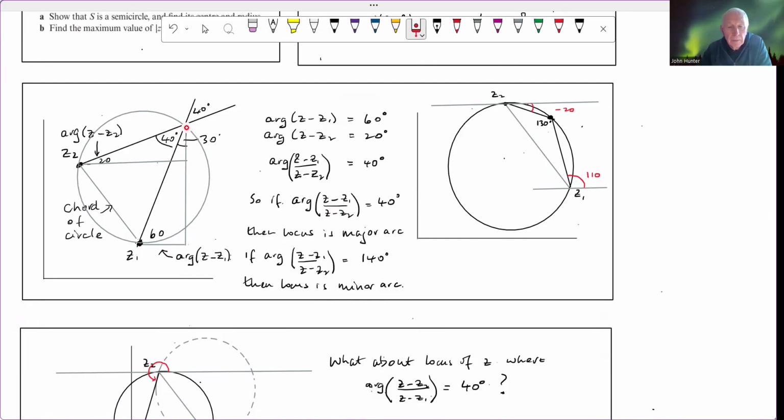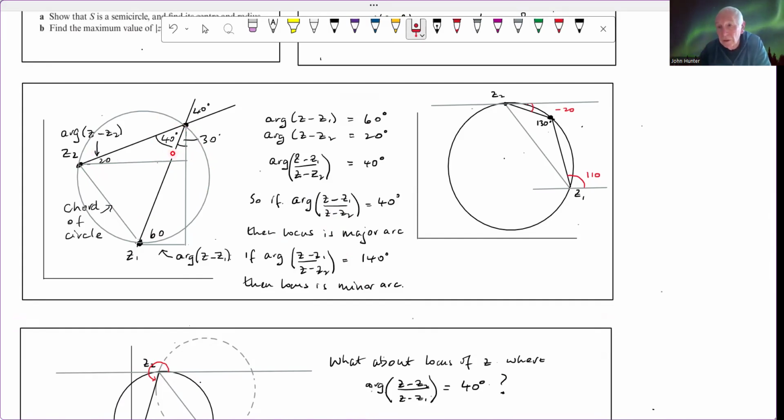Okay, so now if we think about our circle theorems, then if we imagine this is the chord of a circle, then the angle that it subtends on the circumference is going to be the same right throughout.